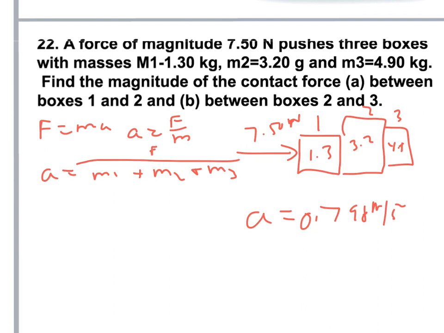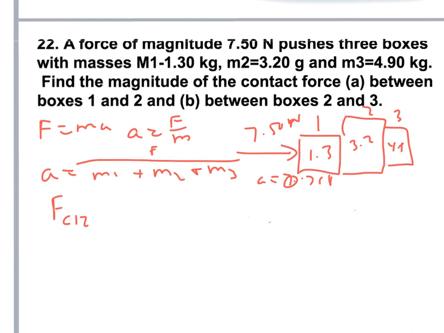And then we want to find the contact force between boxes 1 and 2. I'm going to write down our acceleration, 0.798, I don't want to forget that. So our force is the contact force between boxes 1 and 2.